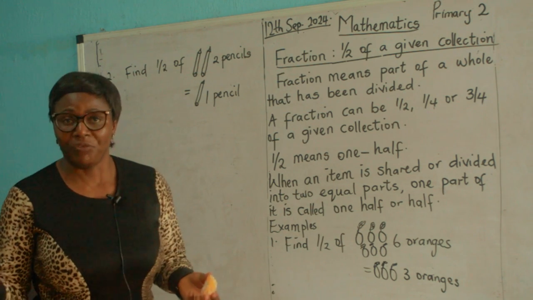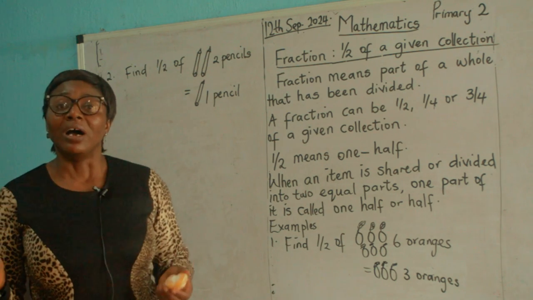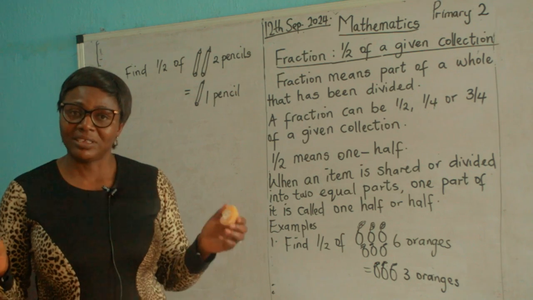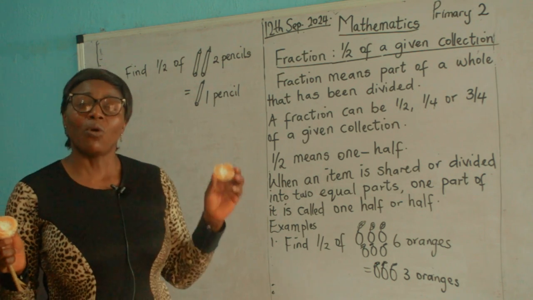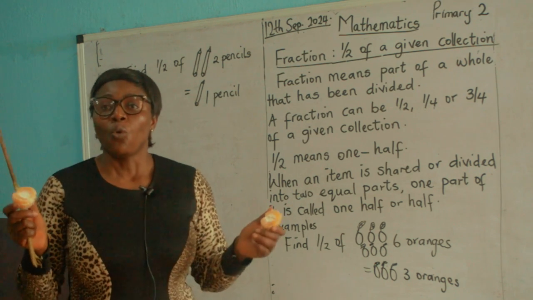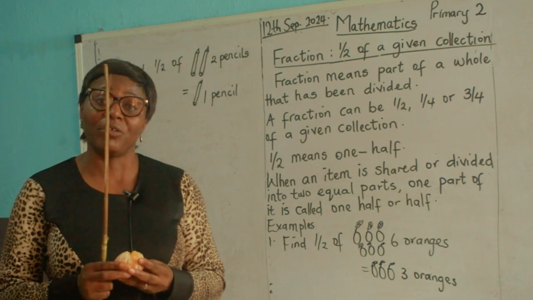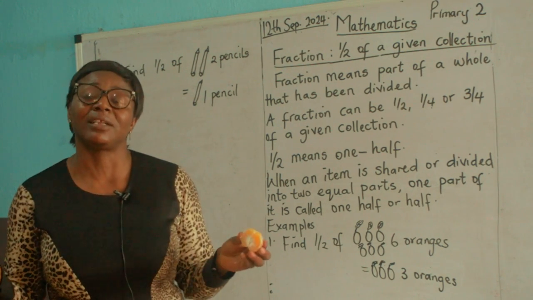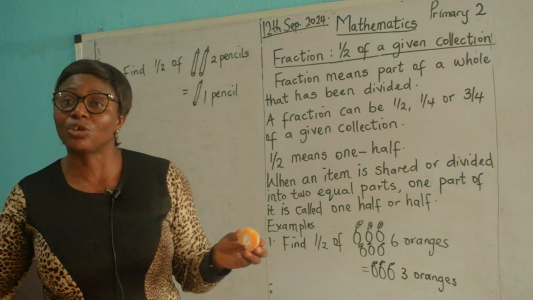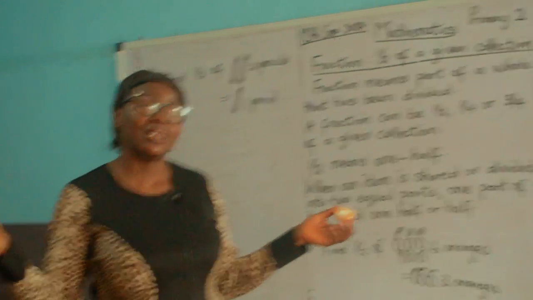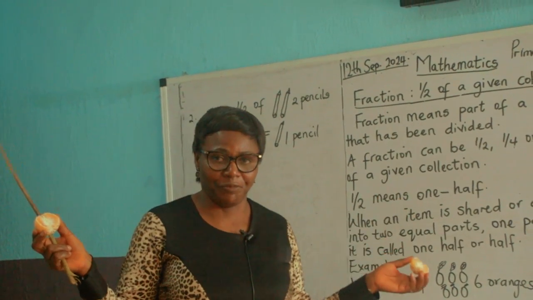One part of it is called 1/2. Just the way I share this tangerine into two equal parts, part of it like this is called 1/2, and the other part is called 1/2.